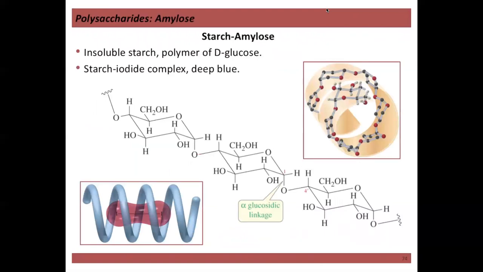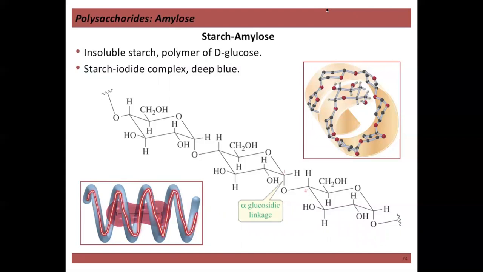And with this alpha 1,4 glycosidic linkage, it actually causes starch to coil up and form a helix. And you've seen this before in your chemistry experiments where you identify starch by mixing it with iodine. What happens is iodine actually fits together perfectly in this coil of starch.